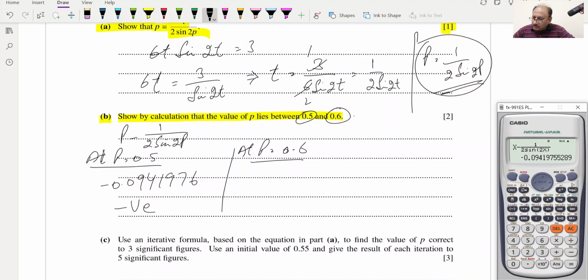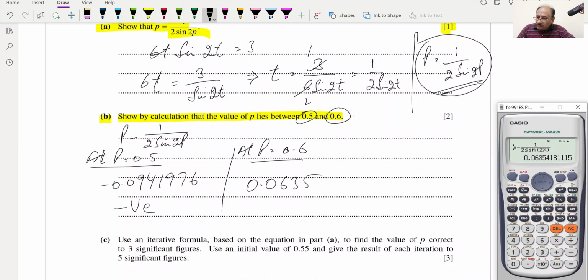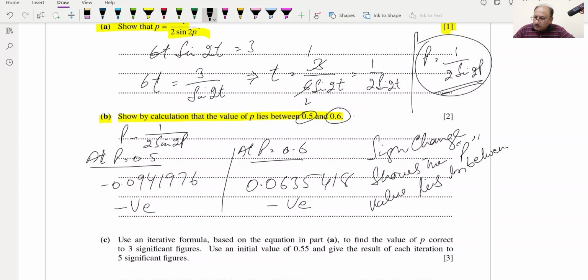And if we calculate for 0.6, this will give us 0.0635, further digits 418, so this is positive, and we can write the sign change shows the p value lies in between 0.5 and 0.6.